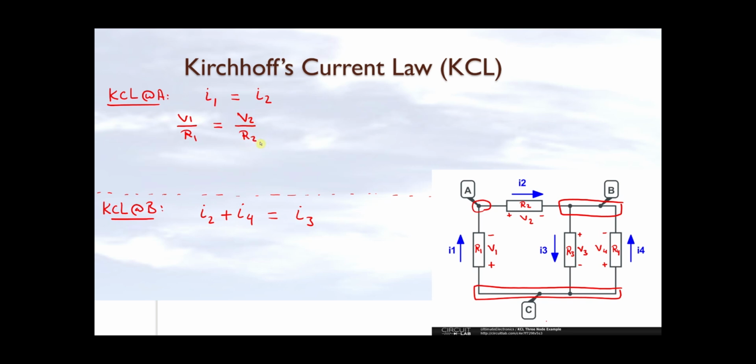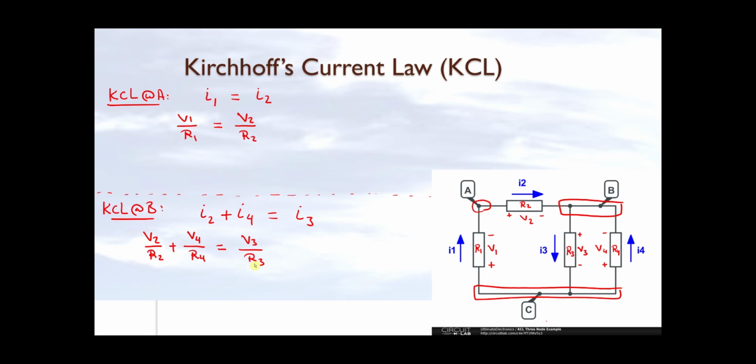I can do the same with the second KCL at B. I replace I2 with V2 over R2, plus I4, which can be written as V4 over R4. And finally, I3 is equal to V3 over R3. However, after using Ohm's law here, I replaced the currents with 4 unknown voltages. I cannot solve for those 4 unknowns using only 2 equations.